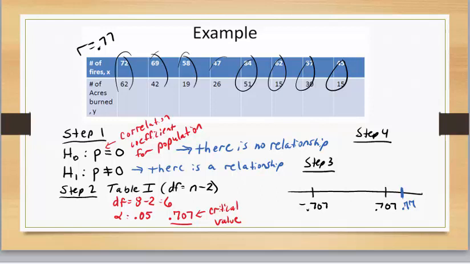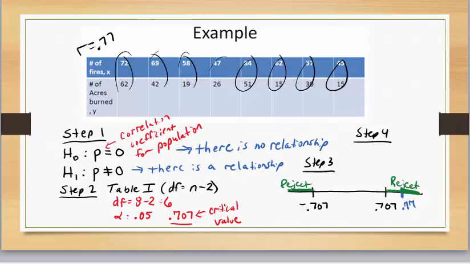Okay, so the easiest way to remember this, and they'll do this in the book as well, is to shade in this section here, and shade in this section over here, and above it write down the word reject.